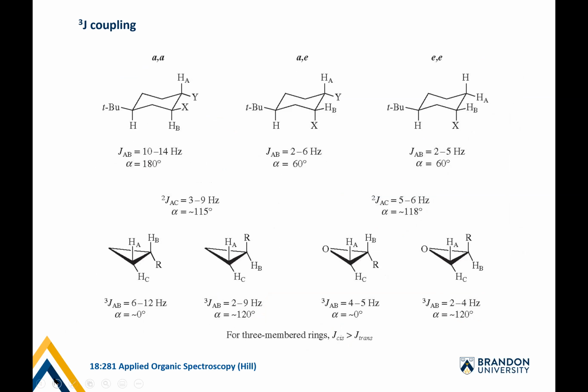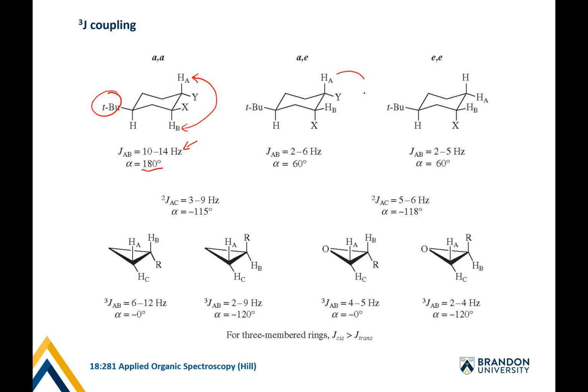So here are some examples. Again, we put a tert-butyl group on to fix this in this conformation. And when the two groups are axial, so they're diaxial, the bond angle is large, and so this coupling constant should be big, between 10 and 14.